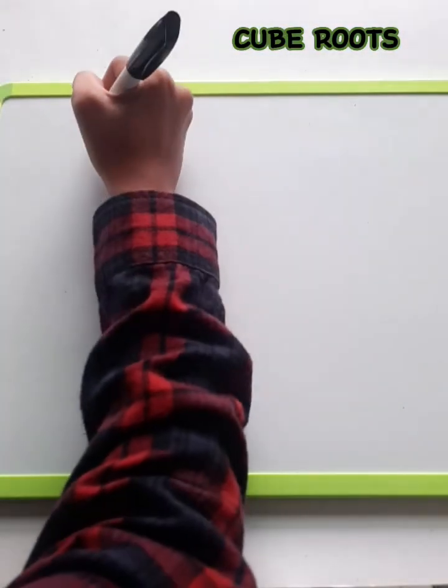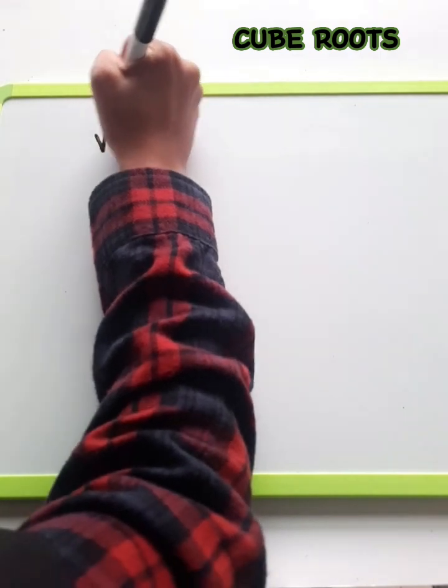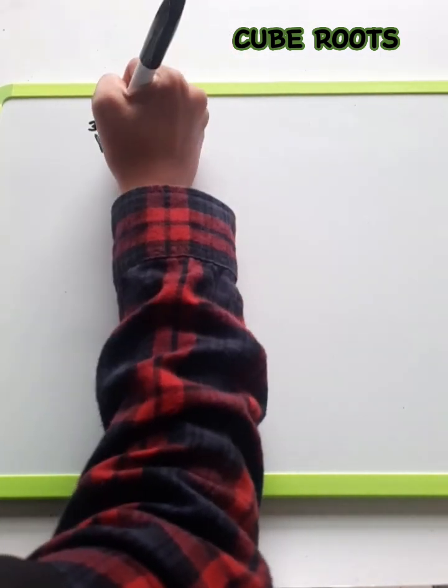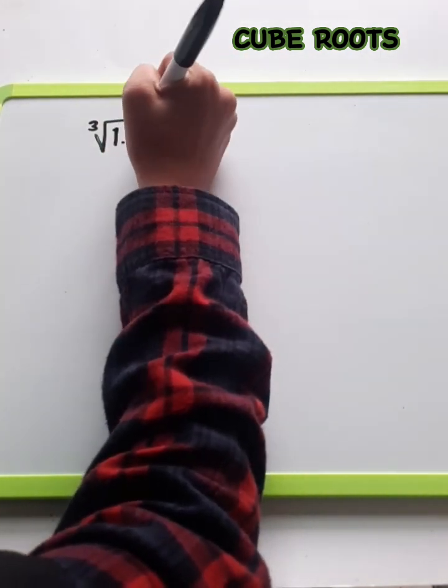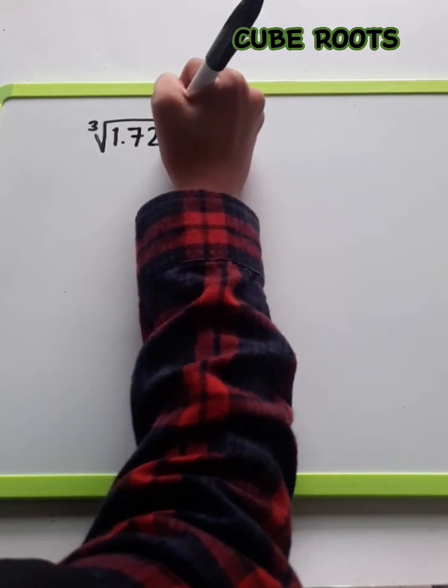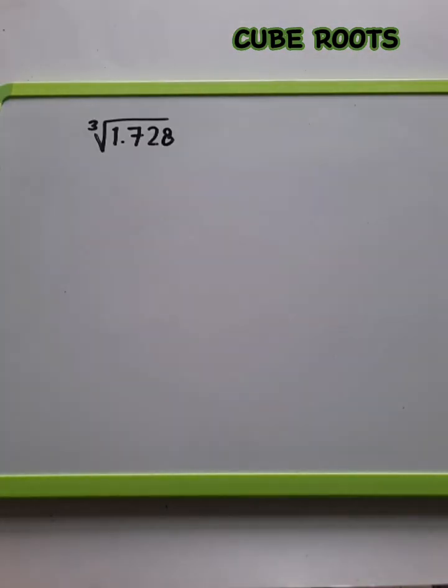Now let's continue with how to find cube roots with tricks, only in 3 seconds. Example is the cube root of 1728. It's the same way as the square roots before, but cube roots are easier than square roots because we only need to find one unit digit.